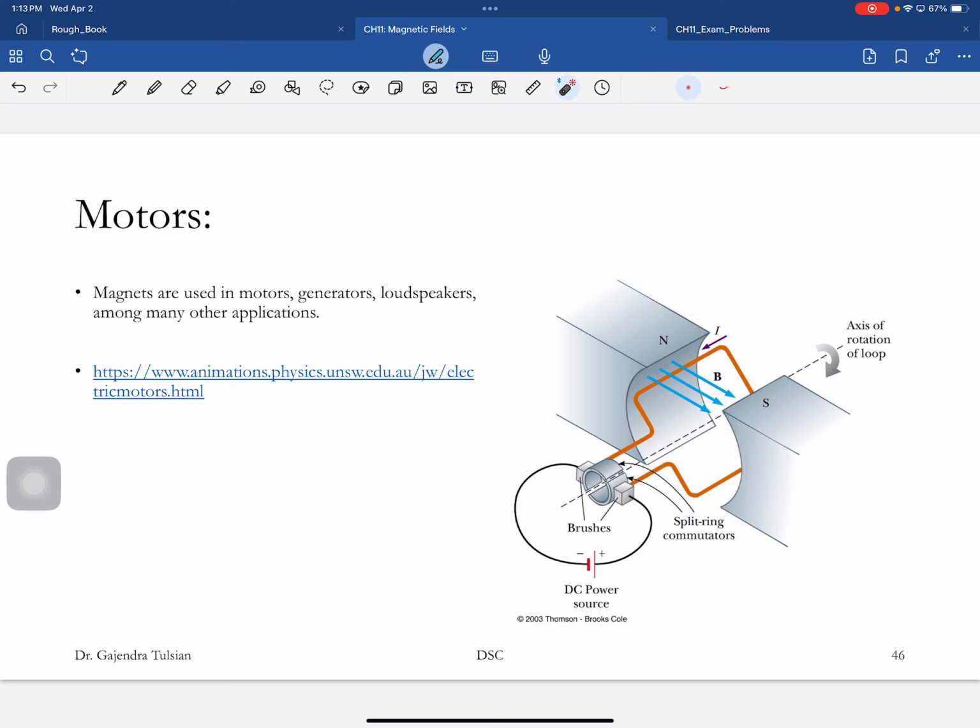When you switch the current, the moment is in this direction, and again it'll turn toward that. As long as you keep switching the current at the right moment, you keep turning that coil. You turn electrical energy into mechanical energy, which is a motor.